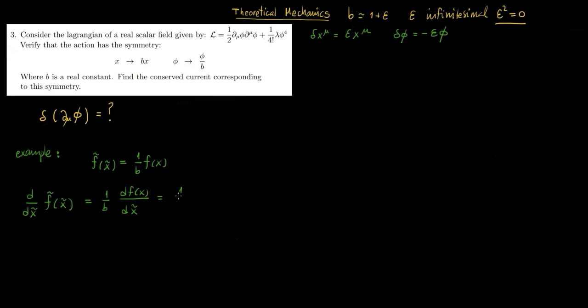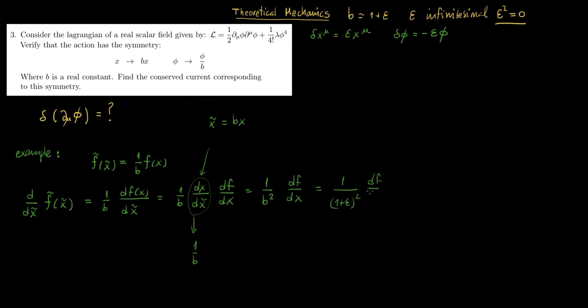So applying the chain rule, we will have dx over dx tilde times df dx, and knowing that x tilde equals bx, this implies that this is 1 over b. We will have 1 over b squared times df dx equals, but b equals 1 plus epsilon, so 1 over 1 plus epsilon squared df dx.